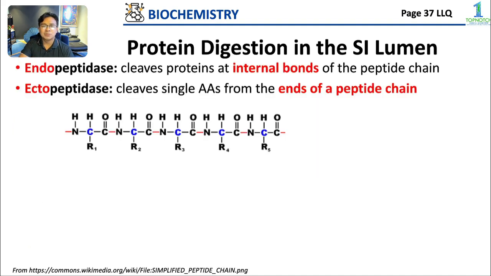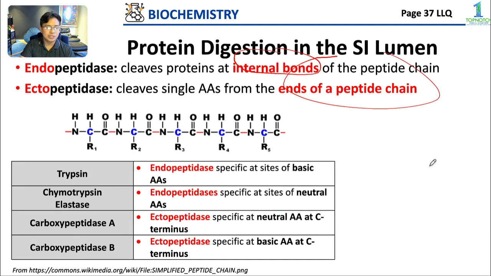So the active forms of the proteolytic enzymes have different functions, and they are categorized into two main groups. Your endopeptidases, which cleave proteins at internal bonds of the peptide chain, and exopeptidases, which cleave single amino acids from the ends of a peptide chain.